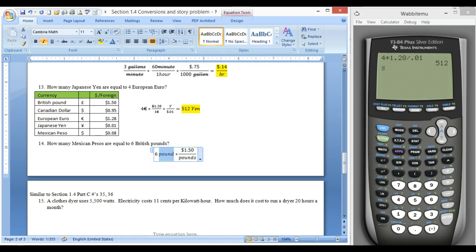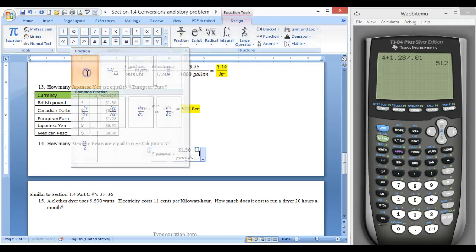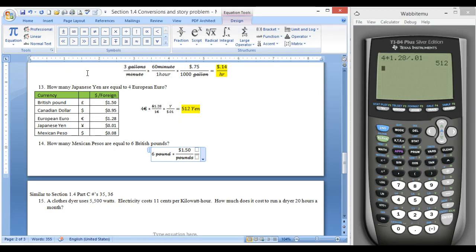I'm still not quite there yet, so I'm going to use another conversion just like on the previous problem. I know I need one more conversion, so I'm going to multiply that by, I need to get rid of the dollars, so I'm going to come down here and do dollars, and I'm going to replace it with what I want, which is the Mexican pesos. And so over here I was told the Mexican peso is 8 cents, so come down here, 0.08, and there we go.